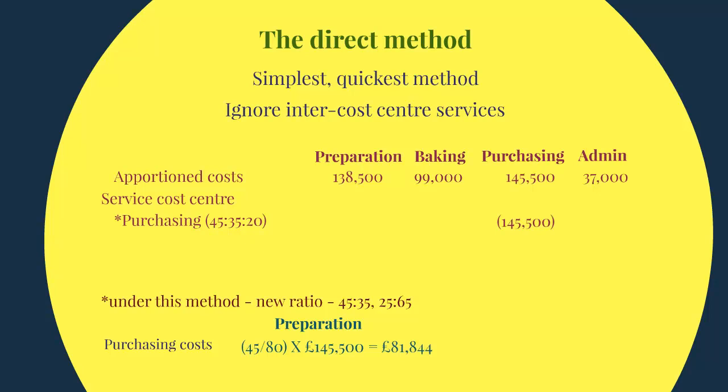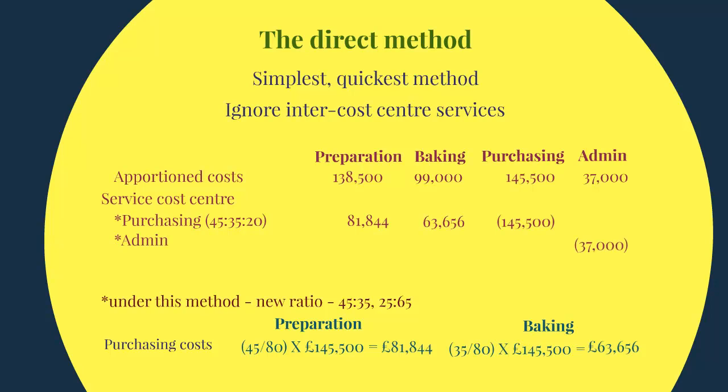So that is the value of that purchasing department cost we are now going to allocate to the preparation department. And similarly for the baking, we will divide 35 by 80 and times it by 145,500, giving us 63,656.